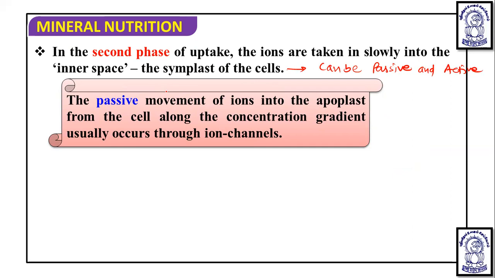The passive movement of ions occurs into the symplast of the cell along the concentration gradient, usually through ion channels. Ion channels are transmembrane channels through which this passive transport happens.